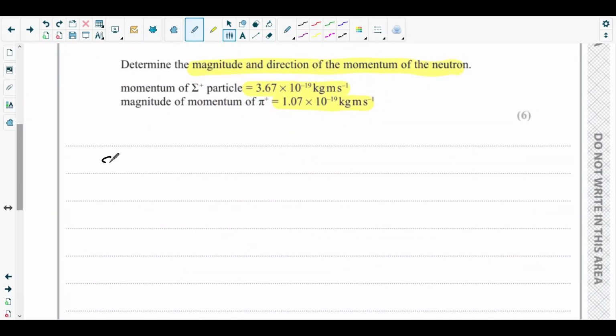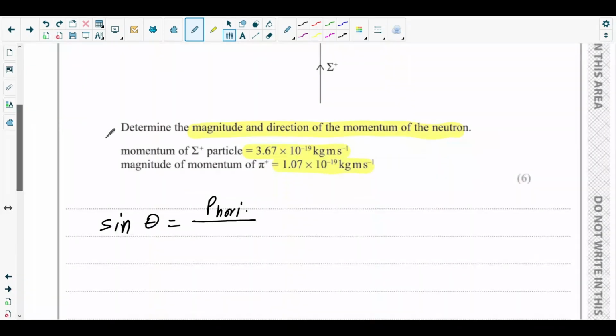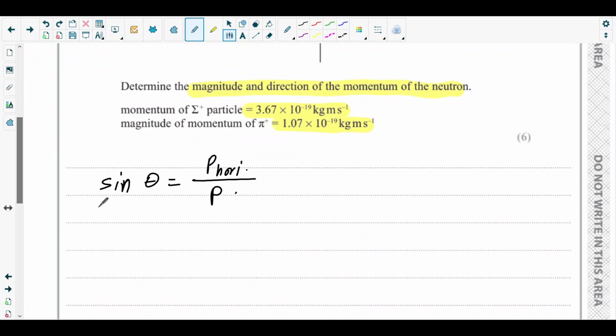Sin theta equals the horizontal component of momentum over the hypotenuse, the total momentum. Let's say this is P. So the horizontal component is P sin theta.